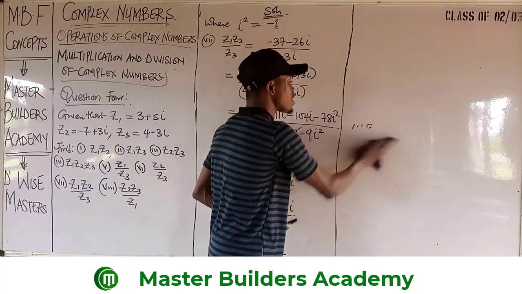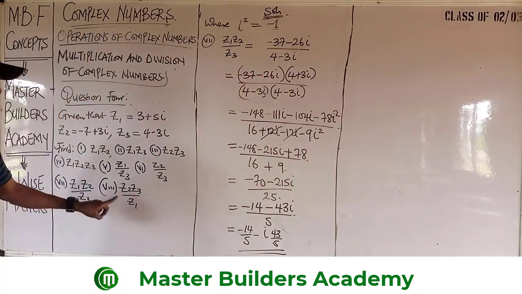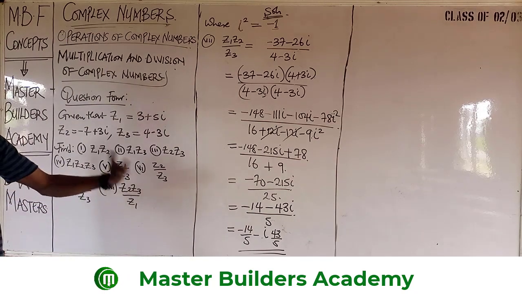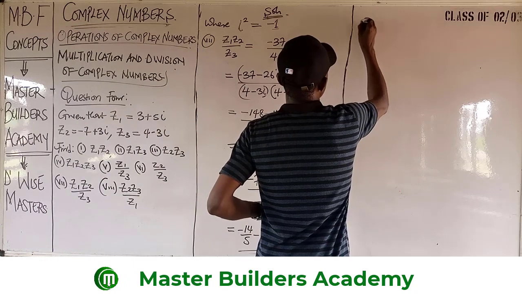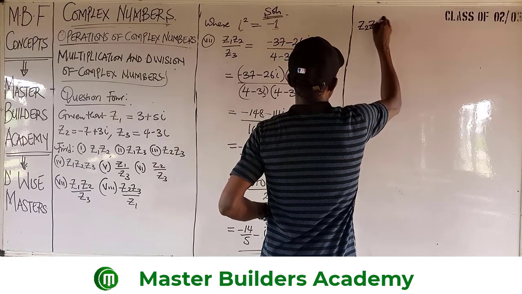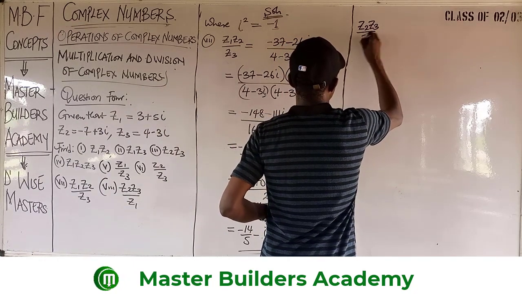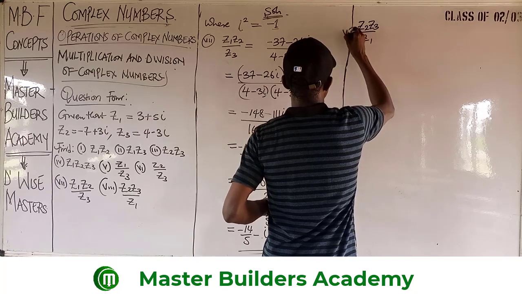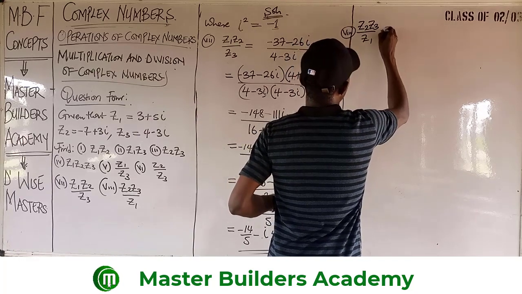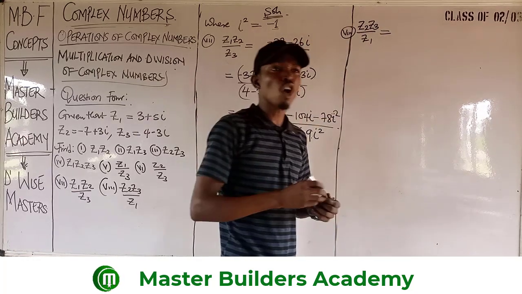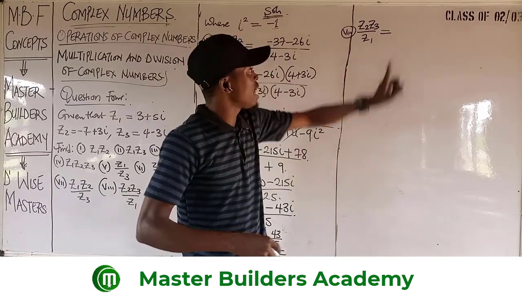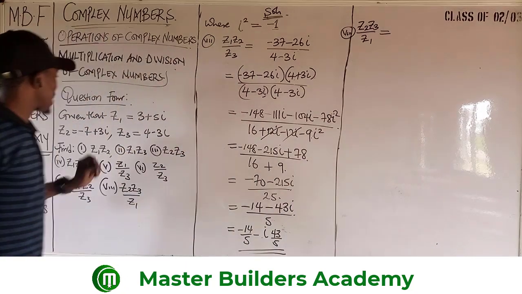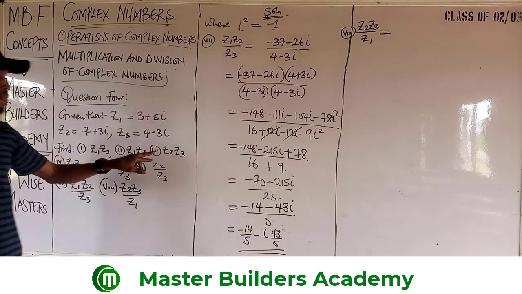So now the last but not the least is Z2 multiplied by Z3. Z2 multiplied by Z3. So we have Z2 Z3 all over Z1. So this is VII, alright? And then this is equal to. Of course, from the previous calculation, we have also obtained the result for this, which if you check clearly, is our question number 3 here.